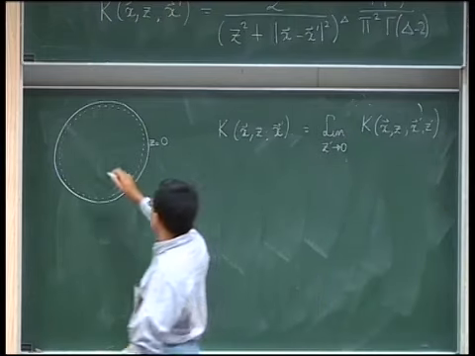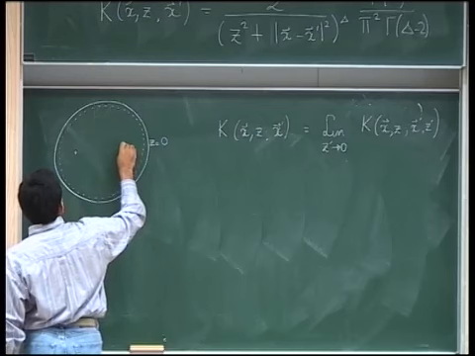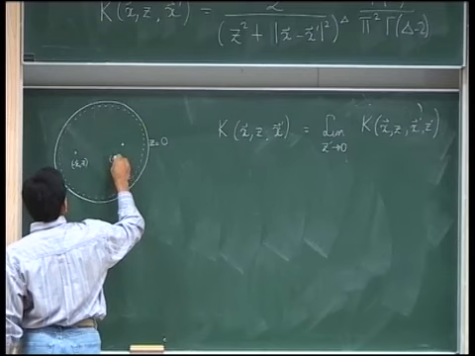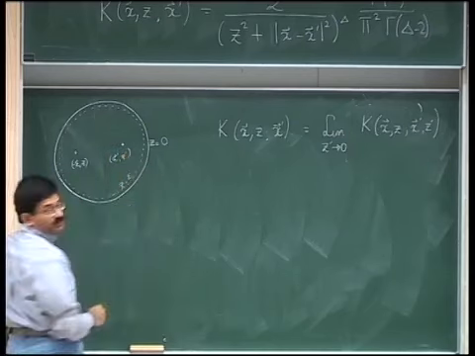Pick two bulk points labeled by x, z and x prime, z prime.